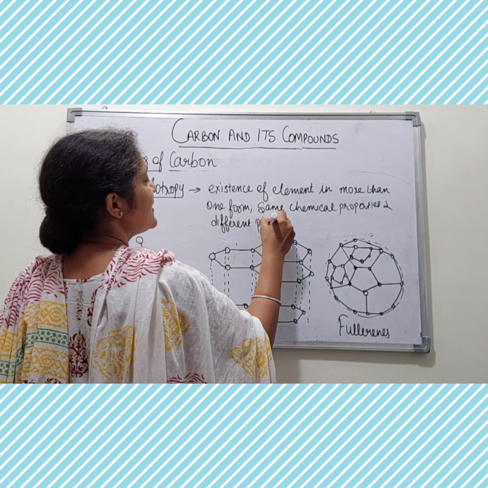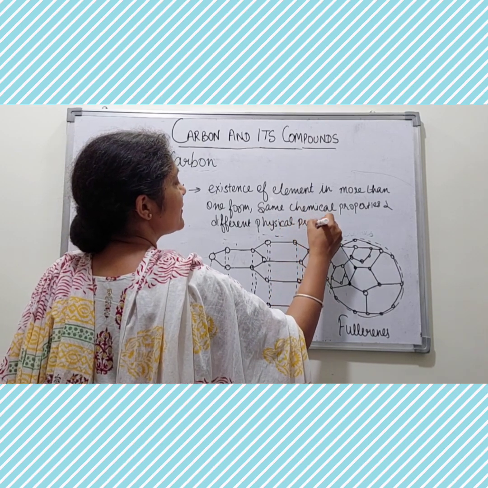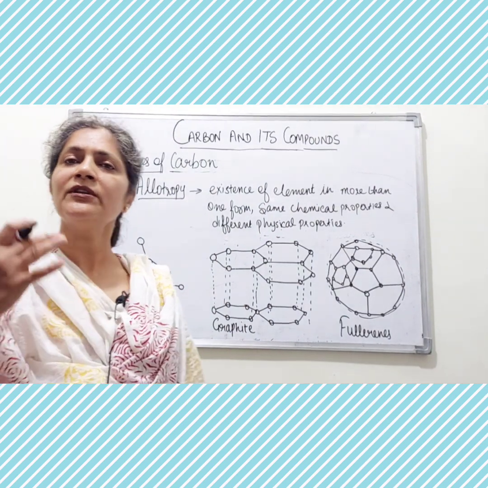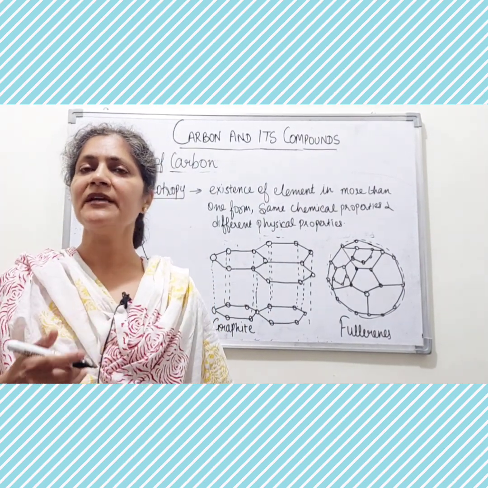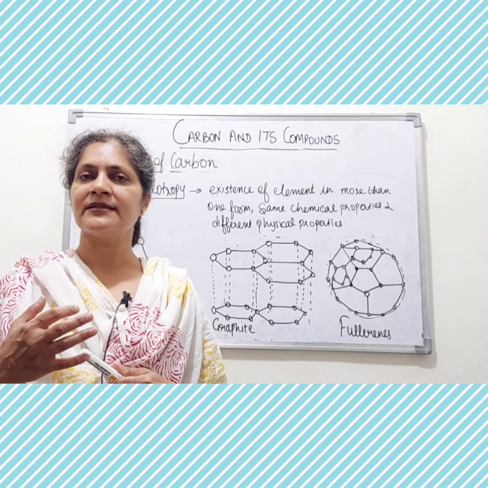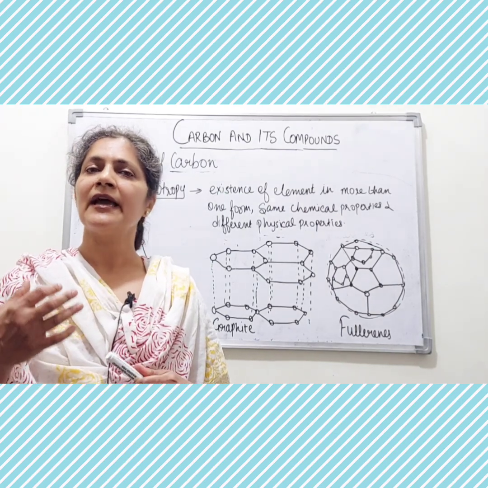Now students, these forms are known as the allotropes. When an element exists in more than one form with similar chemical properties but different physical properties, this property is known as allotropy, and these forms are known as allotropes.